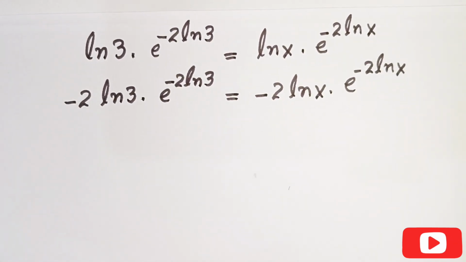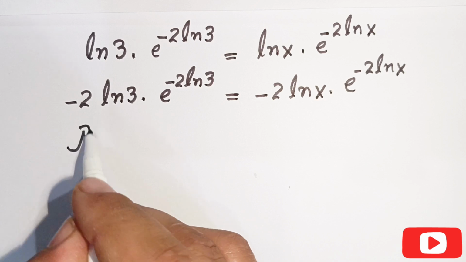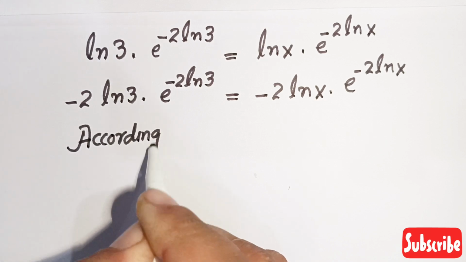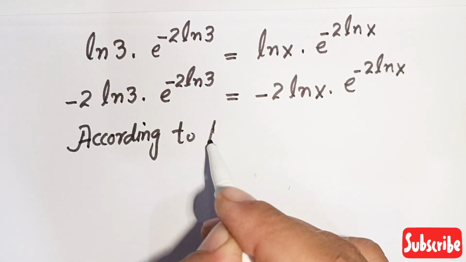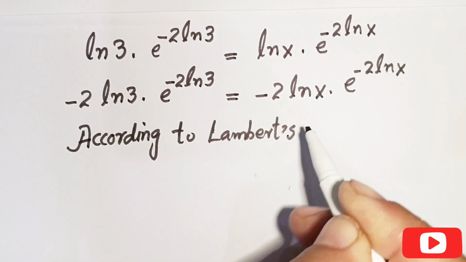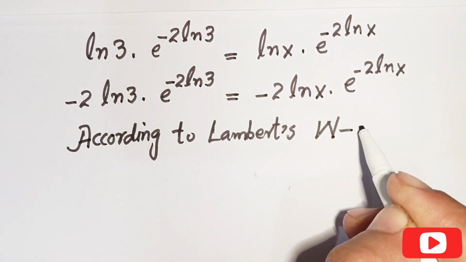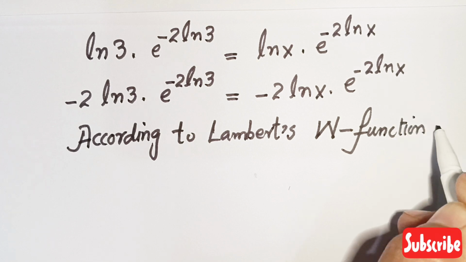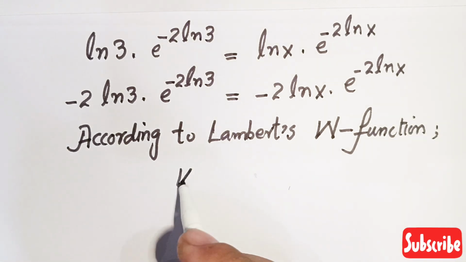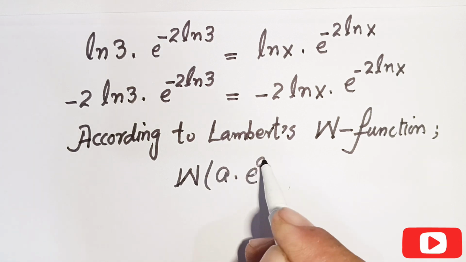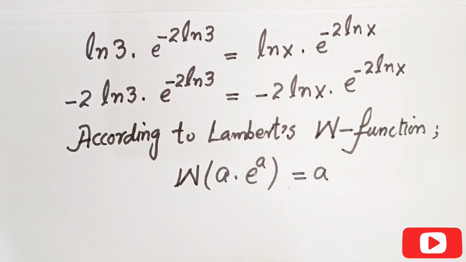Here we use the Lambert W function. As we know, according to this function, the Lambert W function applied to a times e to the power a is equal to a.